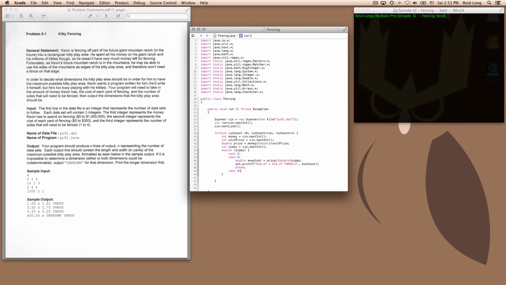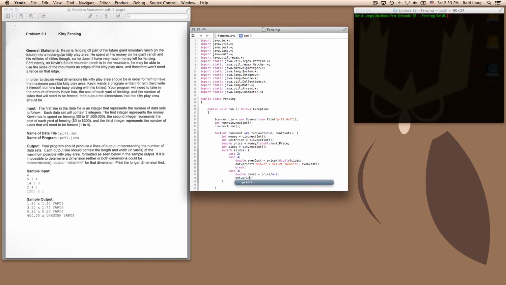Then I have case 3, which I'm going to solve with double case 3 as my variable. And case 3 is interesting, but it's really not that hard to worry about. You just have to think, okay, divide by 4.0 to make it so it has 4 sides. That's how much the cost would be if it was an actual square and you wanted all 4 sides.